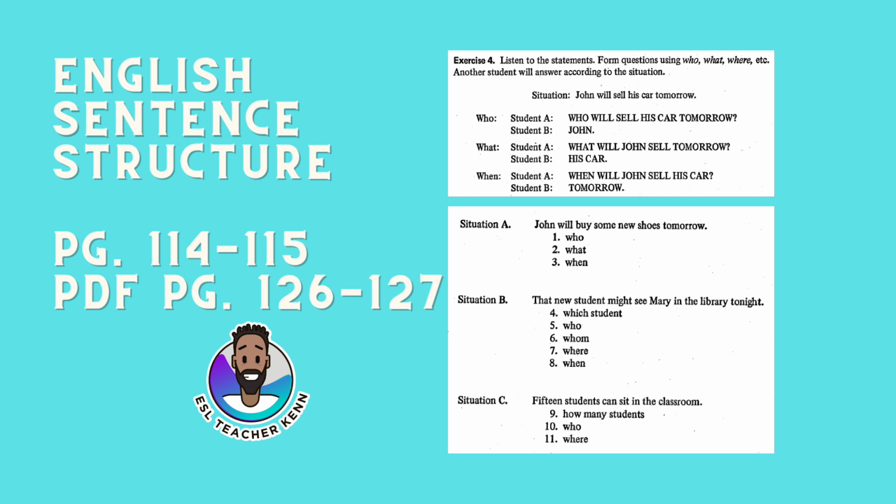On page 114 of the English Sentence Structure book, page 127 on the PDF, the first situation says, John will sell his car tomorrow. The question with who is, who will sell his car tomorrow? And the answer is John. The question with what is, what will John sell tomorrow?